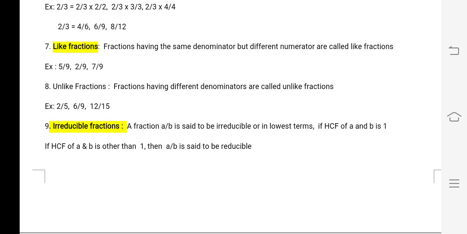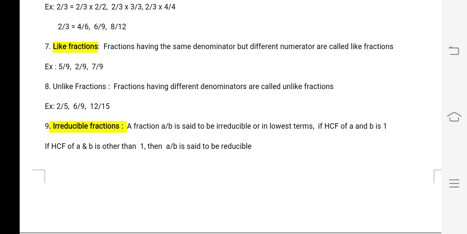Then the various types of fractions: decimal fractions, vulgar fractions, proper fractions, improper fractions, mixed fractions, equivalent fractions, like fractions, unlike fractions, and the last one, irreducible fractions as well as reducible fractions. Hope it is clear to you.